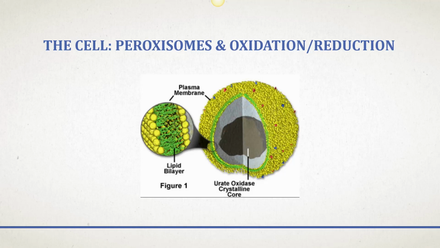Now, if you have an electron snatcher in the cell, that's very dangerous. It can cause a lot of damage. So we have antioxidants, and antioxidants are going to feed these electron snatchers electrons so that they don't have to steal electrons from your own organelles and they don't cause damage.